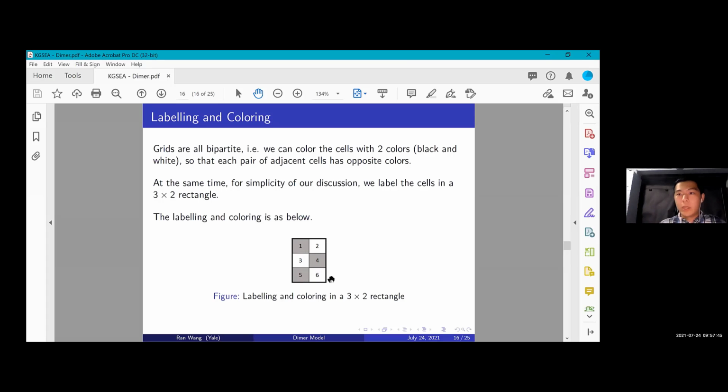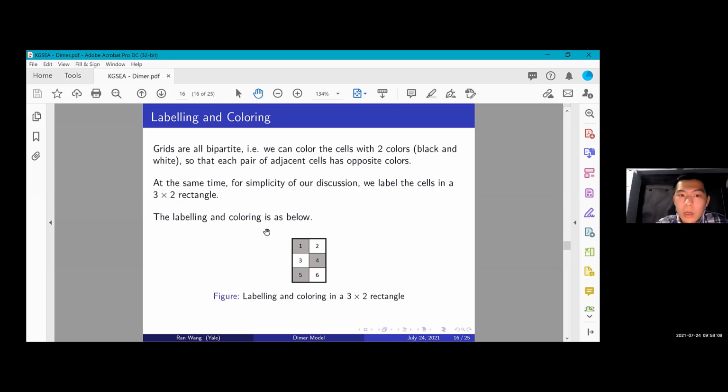Okay, we'll label this. And another thing is that I want to introduce an idea of coloring. So we can actually color all the cells of this grid by only 2 colors, black and white, like how the chessboard did, right? You remember the chessboard goes black, white, they alternate the colors.